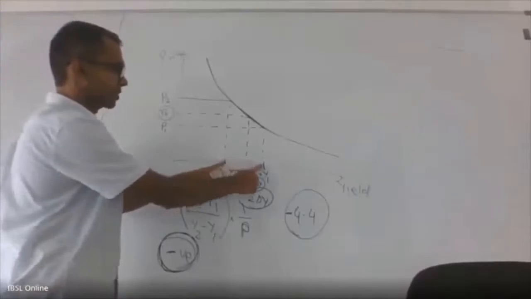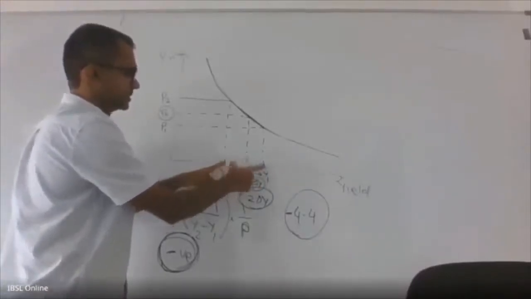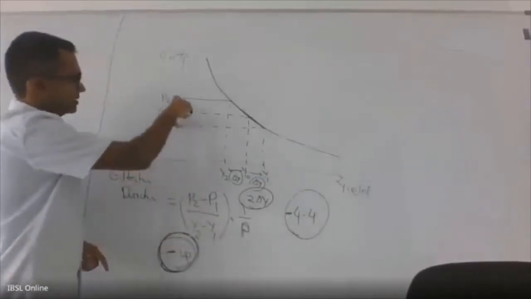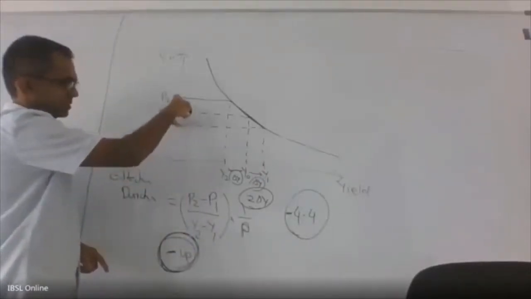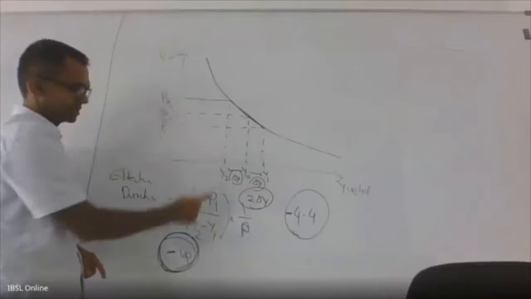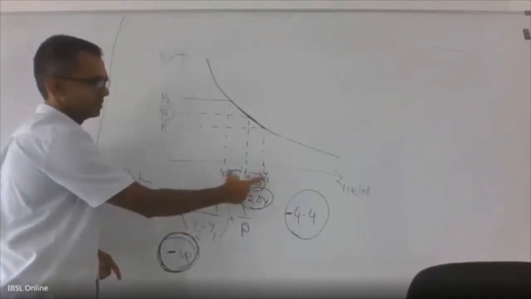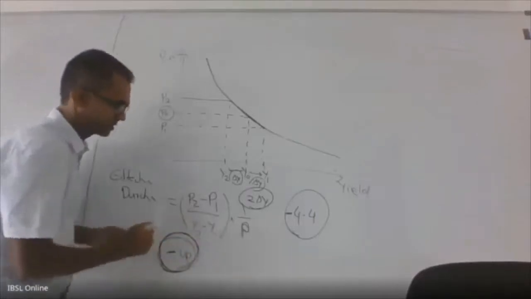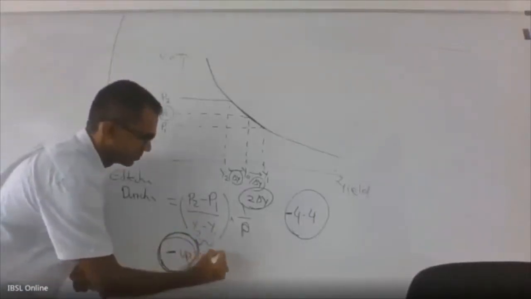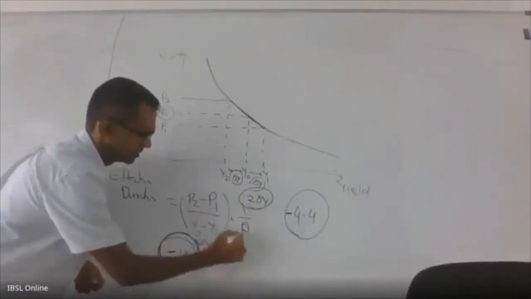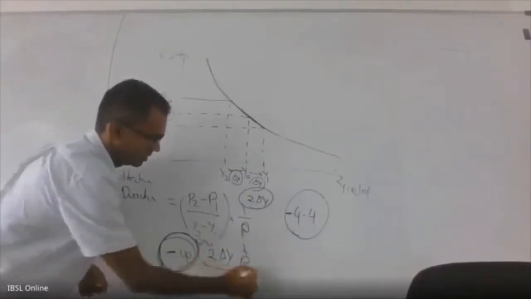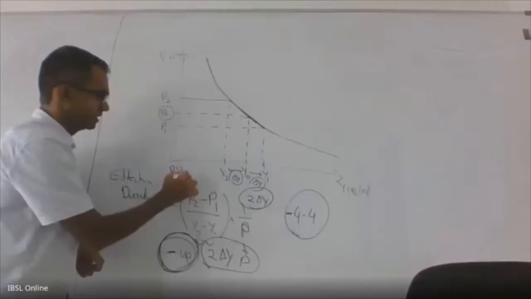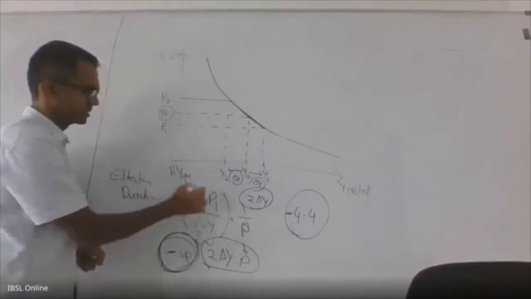The total yield change, this distance, because we divide the distance between two prices by the distance between two yields. This part is given as 2 delta Y, and this P. This is the bond value when the yield decreases.